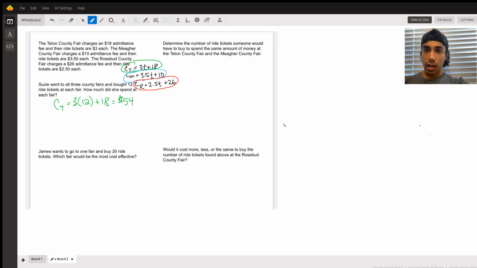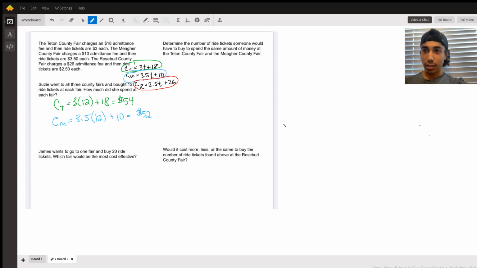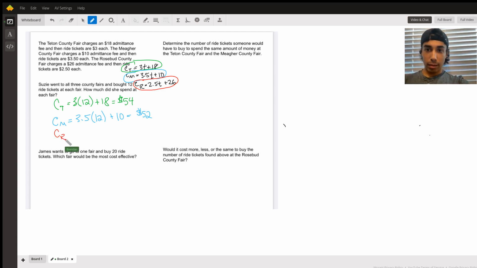Then cost at Meager would be 3.5 times 12 plus 10, which comes out to $52. Hopefully I'm doing these right. I'm doing these in my head, so if I screw up, let me know and correct me.